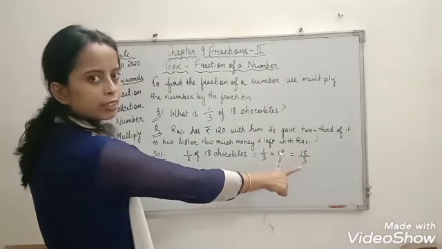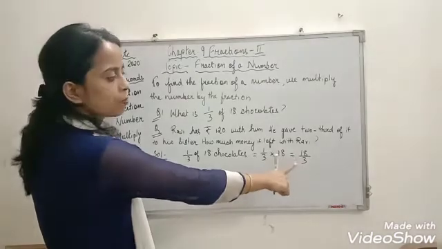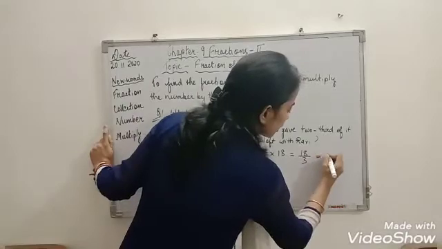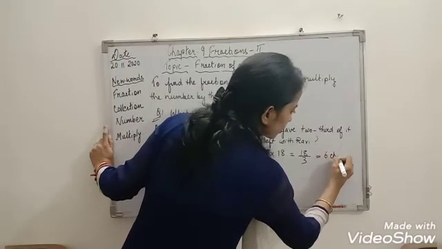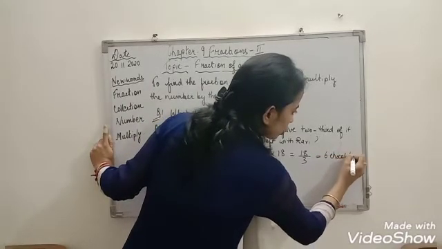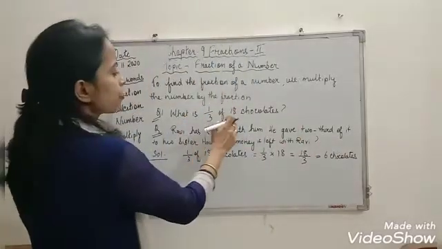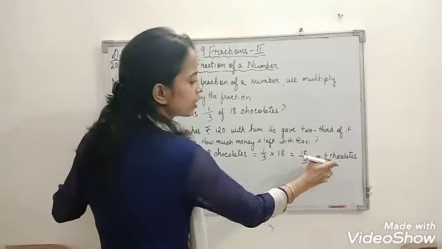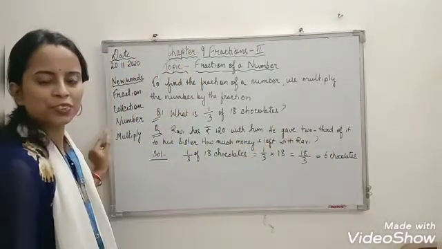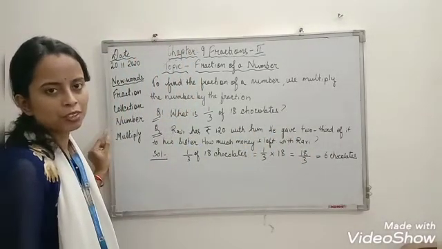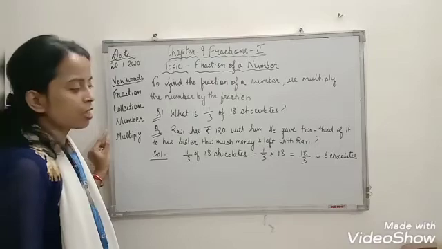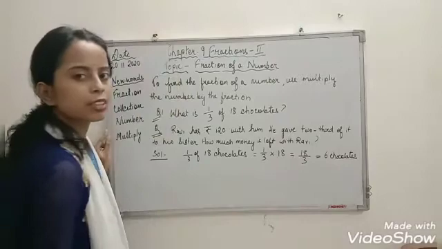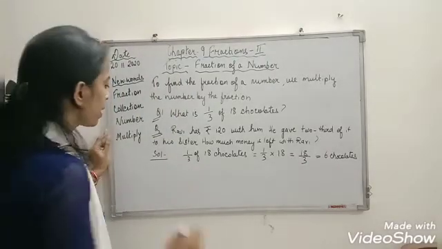How much will we get? 18 divided by 3 equals 6 chocolates. 1/3 of 18 chocolates is how many chocolates? 6 chocolates. 3 sixes are 18. Got it, children? So 1/3 of 18 chocolates is 6 chocolates.